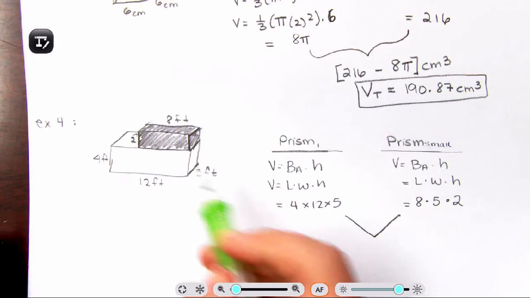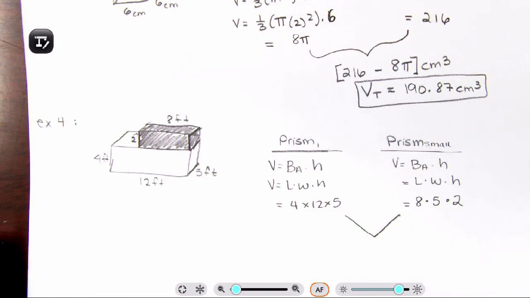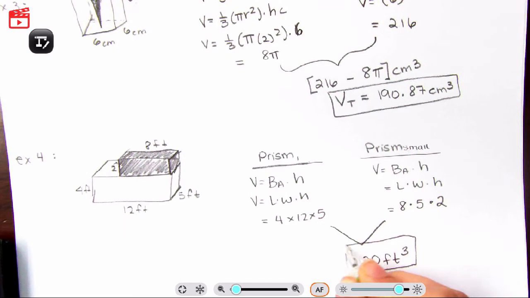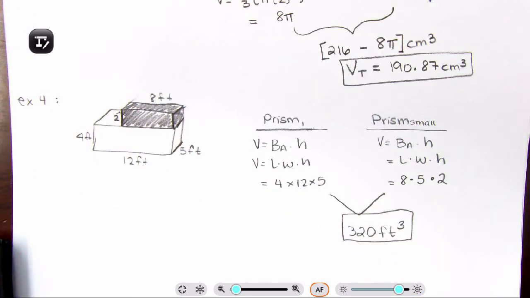We actually put another box on top of the original, so we are adding. So 4 times 12 times 5 plus 8 times 5 times 2. And I get a total of 320. What's our unit of measure? Feet. What are we trying to solve? Volume. Volume is always cubed. Ooh, my paper moved here.